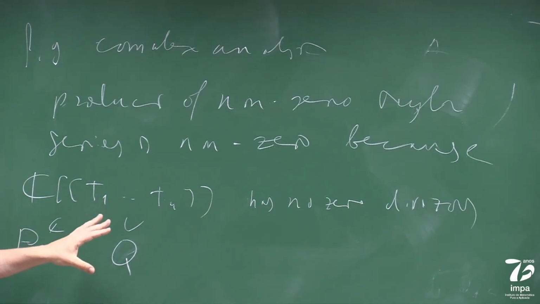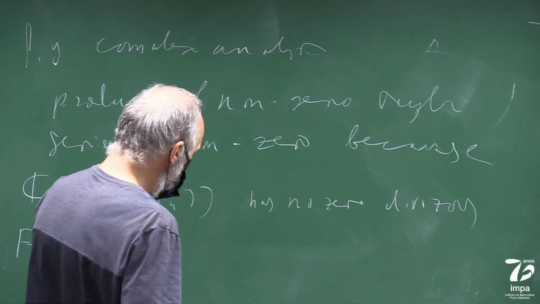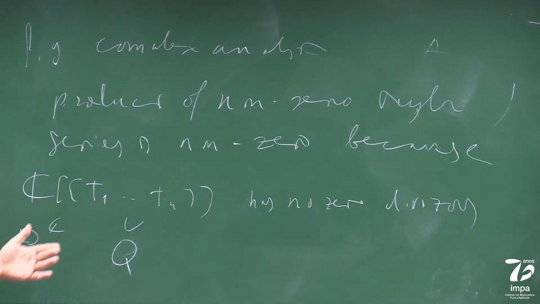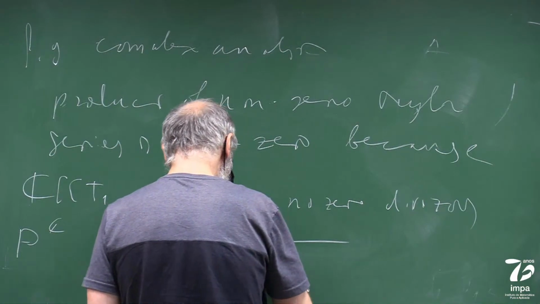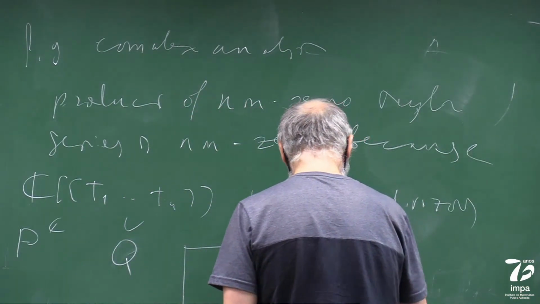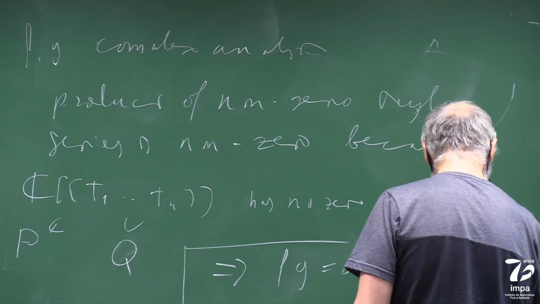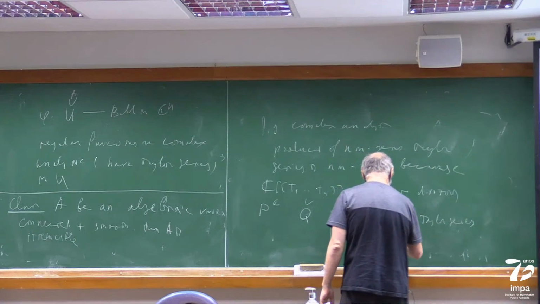You just multiply polynomials, and you obtain that this ring has no zero divisors. Your Taylor series are embedded in it. This implies that if fg equals 0, then the Taylor series for f or g vanishes.